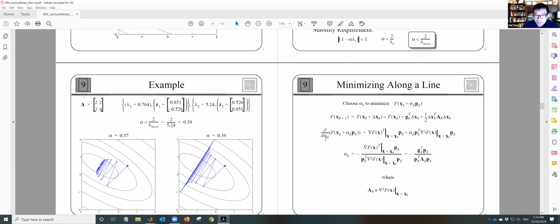You take the derivative with respect to this one and set it to 0, then you will be able to reach the minimum. So here we are taking the derivative with respect to alpha k, not with respect to the parameter x, because we want to determine which alpha we take.